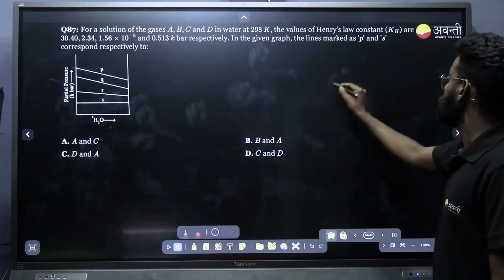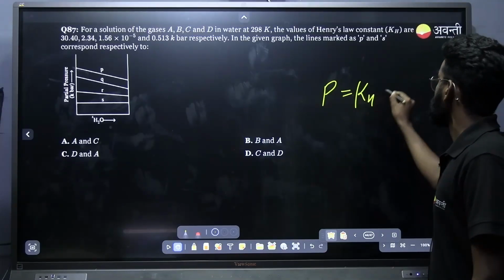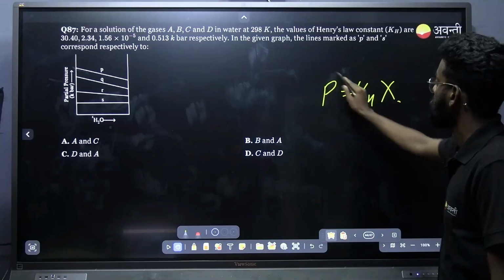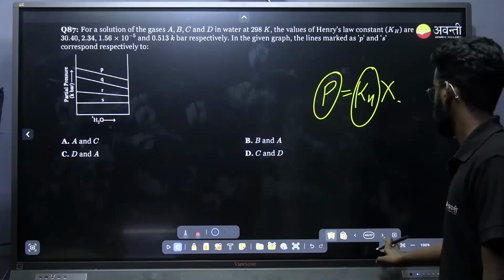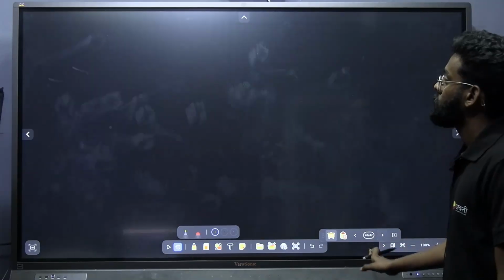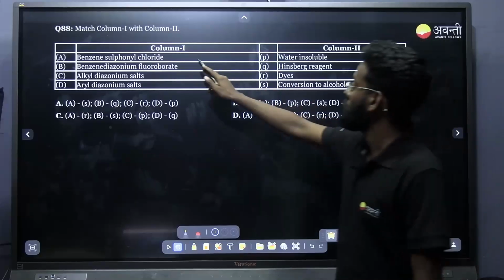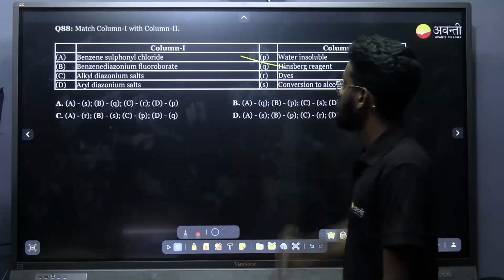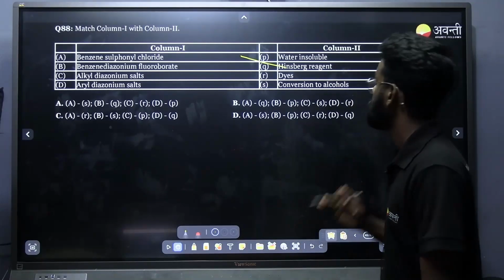Okay, this is completely based on Henry's constant, that is, pressure of a gas is equal to Henry's constant into mole fraction. The higher the pressure, the higher will be Henry's constant. Yes, now question 87 is also a direct question only. Benzene sulfonyl chloride is Hinsberg reagent. Hinsberg reagent is used to differentiate primary, secondary and tertiary amines.